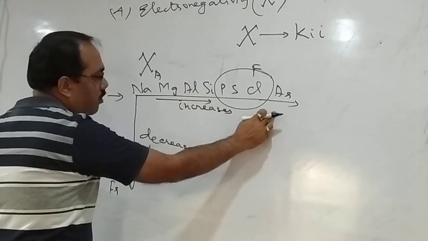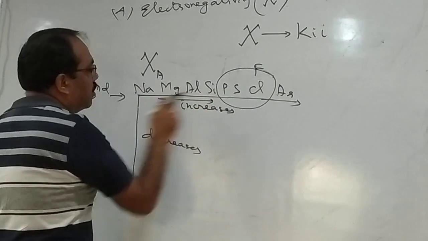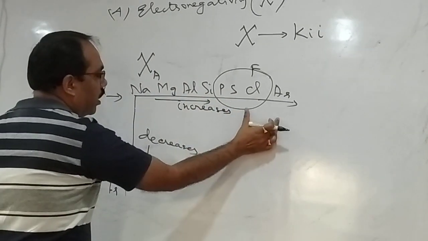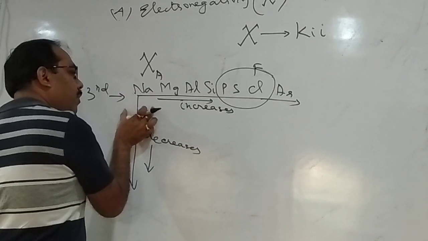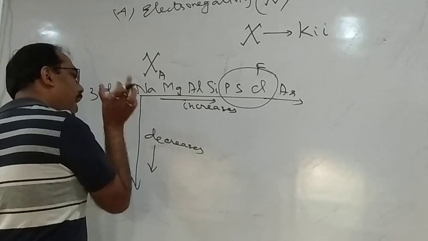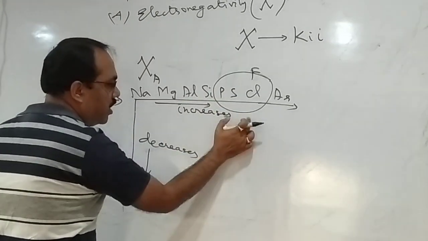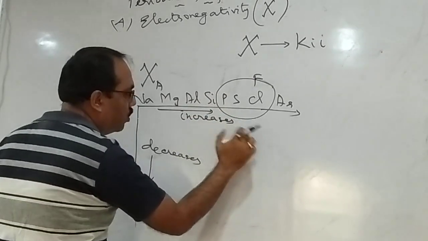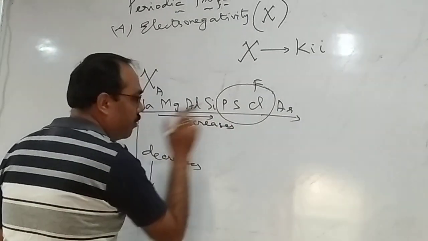Across the period, it changes from metallic to non-metallic. As I told you in previous classes, the oxides, hydroxides and hydrides of metals are basic, but moving from left to right they change from basic to amphoteric to acidic, because the elements change from metals to non-metals.